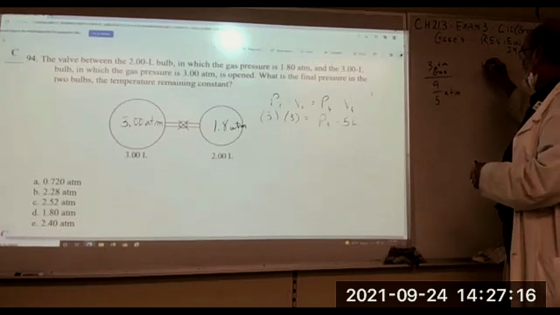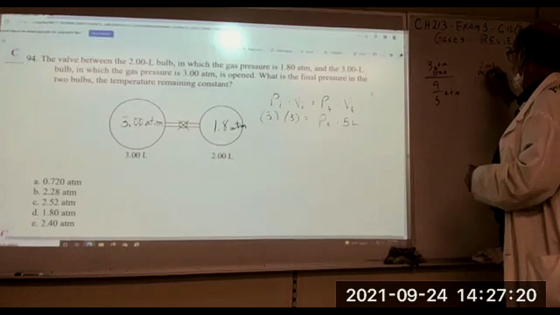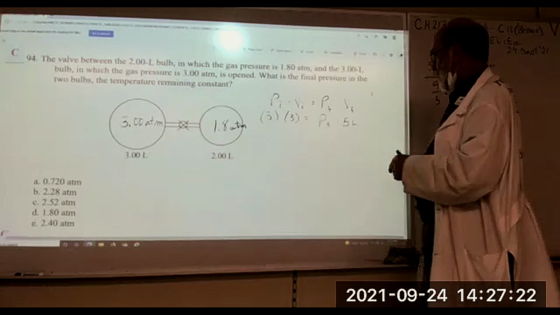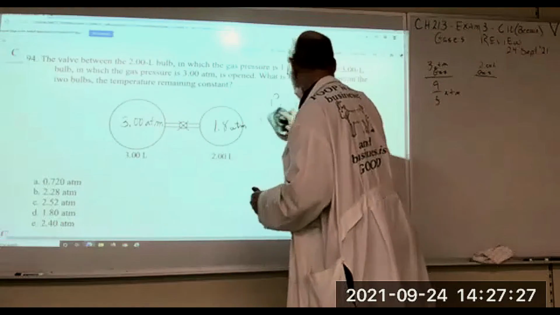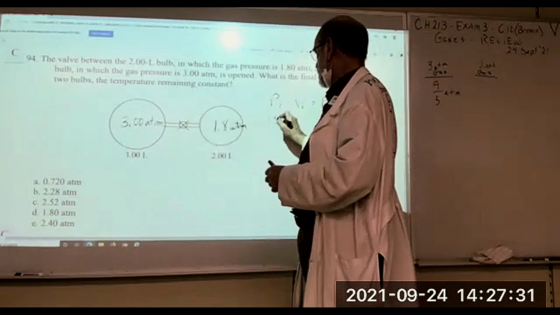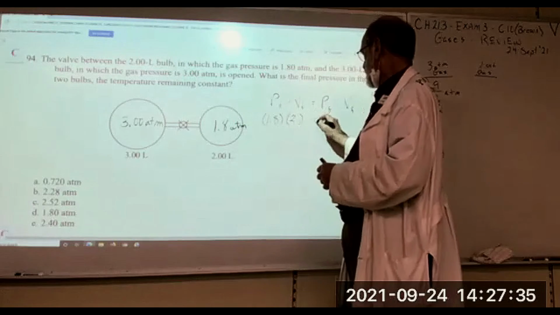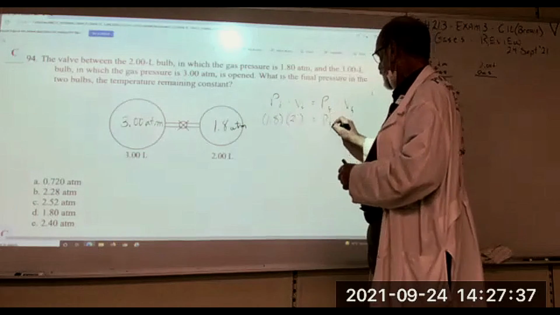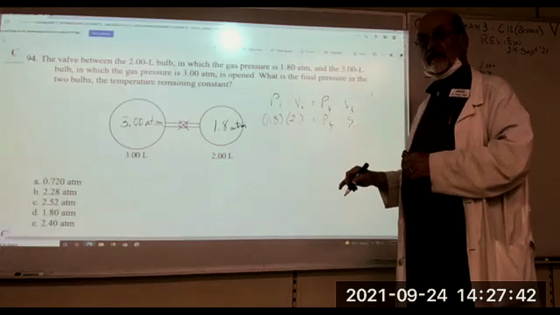Okay, how about the 2-liter gas? Now in this case, we're going to say the initial pressure is 1.8 atmospheres, and the initial volume is 2. There's the pressure, and the final volume is also 5.